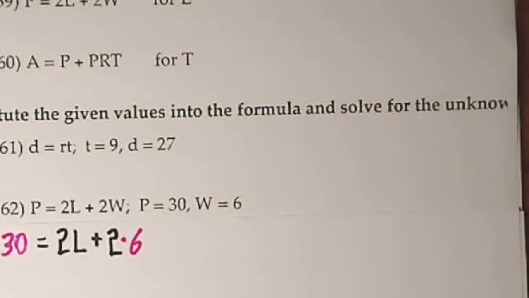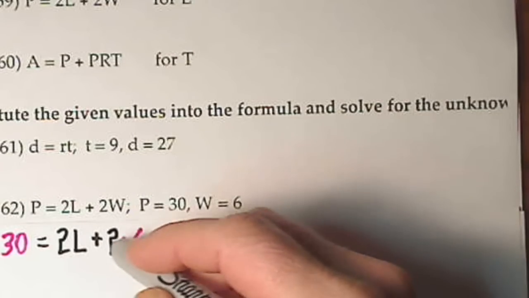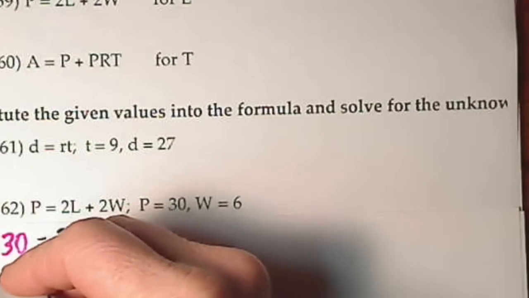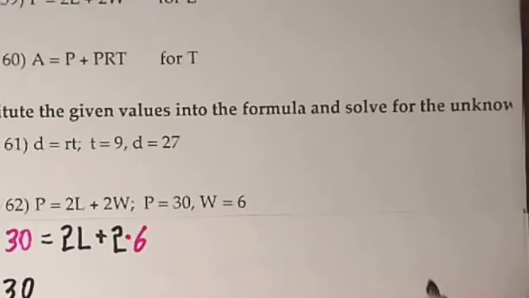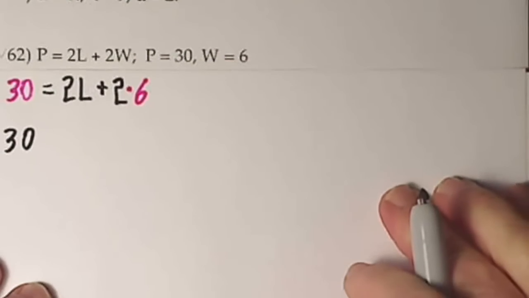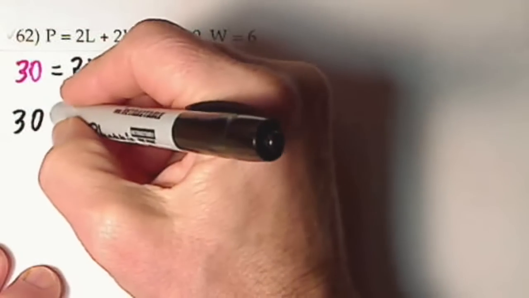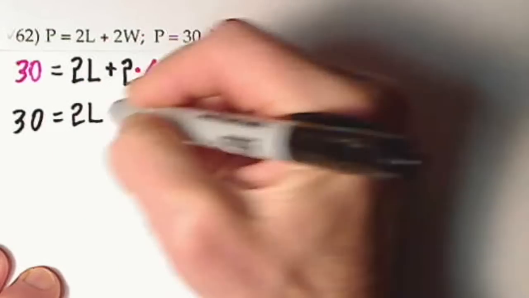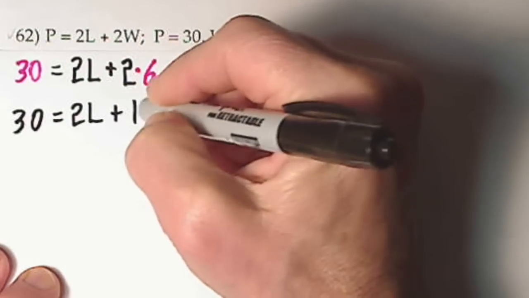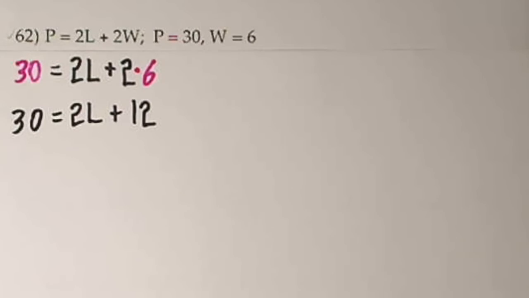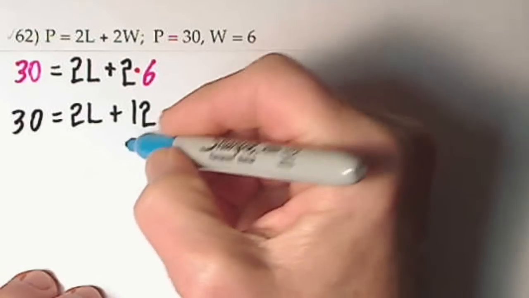Alright, so this looks kind of strange. Let's clean this up. 30, sorry about that. Equals 2L plus 12.